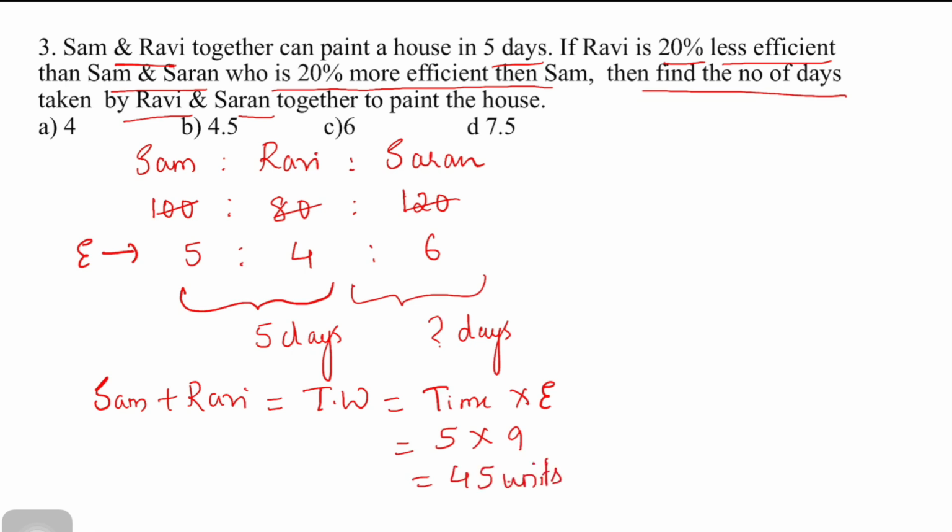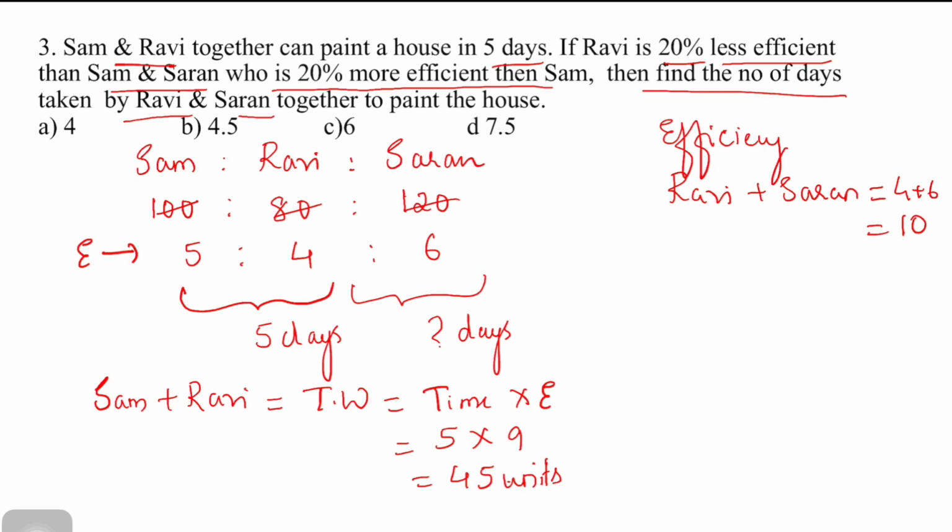Then the efficiency of Ravi and Saran is 4 plus 6, 10, isn't it?